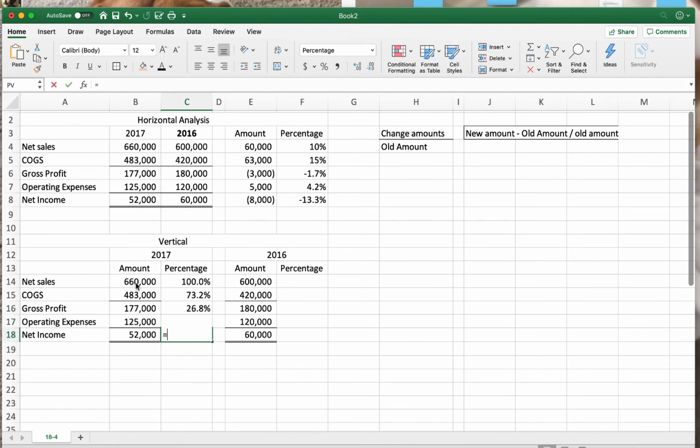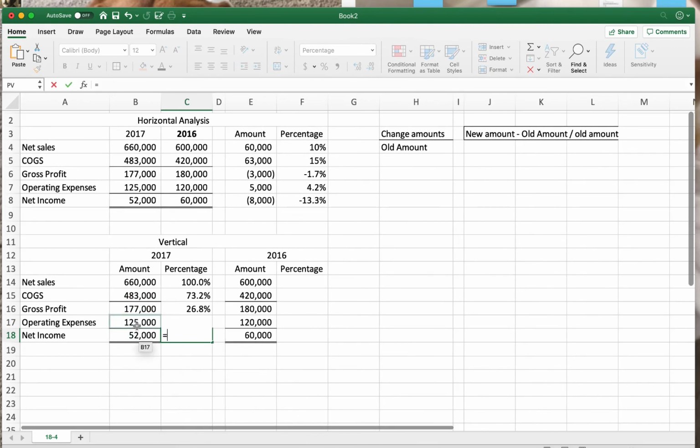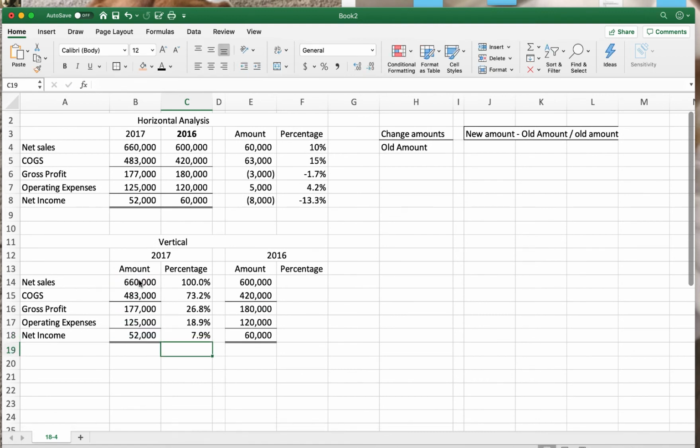And then we do the same thing with our net income. Boom, and we get 7.9%. So basically, we could say for every dollar of net sales, almost 8 cents ends up being net income for 2017, okay?